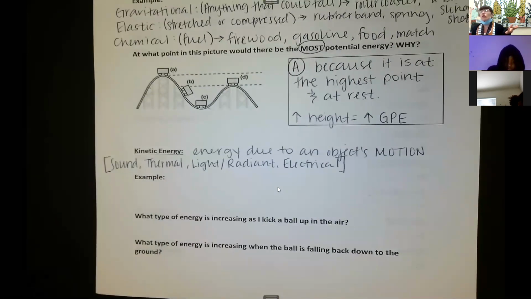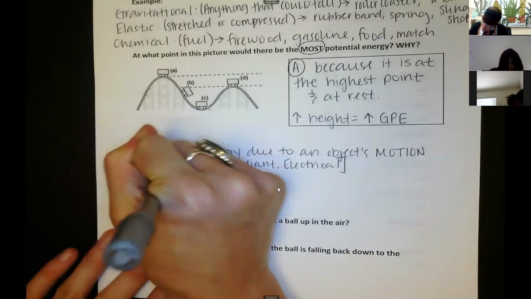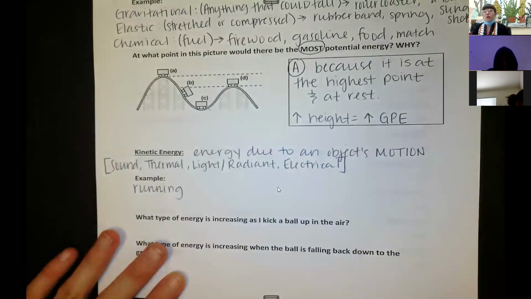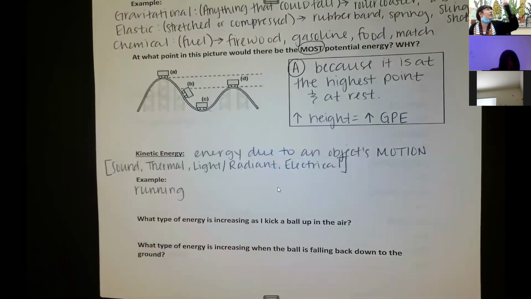But do we have any other real life examples of kinetic energy? Possibly, maybe. That's my favorite one. How did you know? Oh my gosh. Where? Oh, up there? Yeah. That's the cross country team.